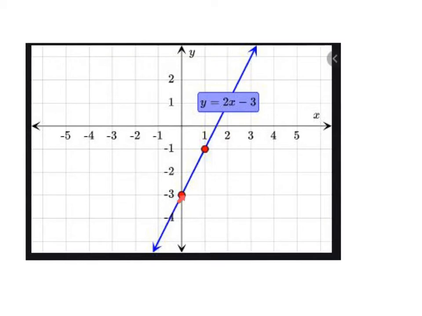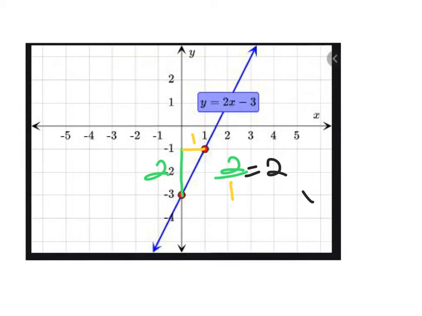Remember, the slope is from point to point. We have a rise and a run, or a change in y over a change in x. In this one, very specifically, we have to go up 2 units, and then we have to go to the right 1 unit. So that is a slope of 2 over 1, which we know equals 2.